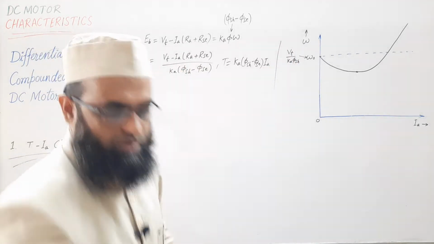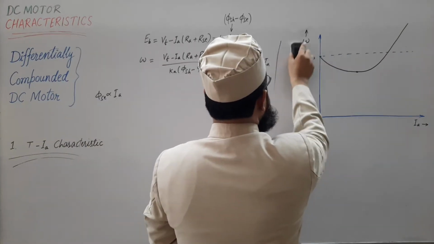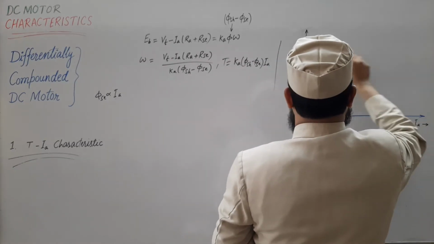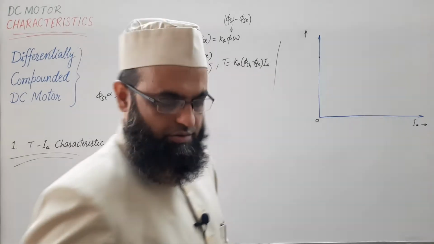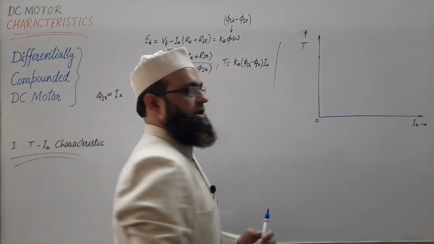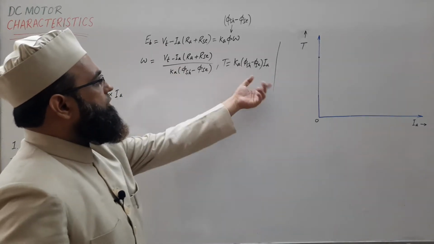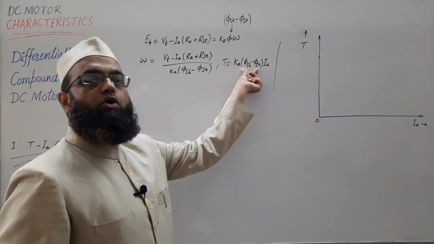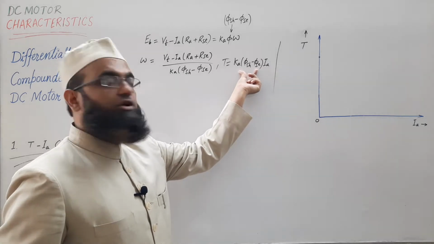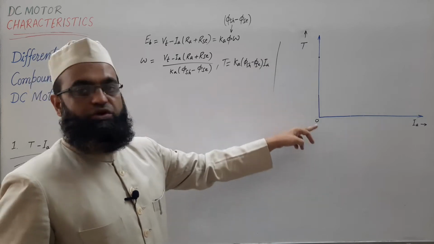So for that, we will write here torque and armature current. If this quantity would be constant as the case of DC shunt motor, then what will happen? We will have one straight line passing through origin like this.